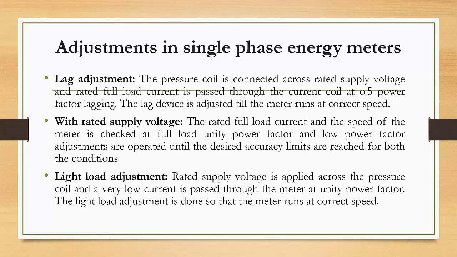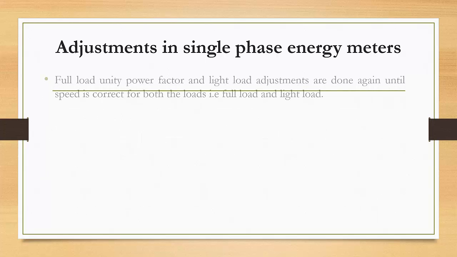Next is light load adjustment. In order to achieve this, the supply voltage is connected across the pressure coil and the current is through the current coil at unity power factor. Then do the light load adjustment to check whether the meter is rotating at correct speed. After doing these connections at full load unity power factor, do the same connections for light load adjustment and then check whether the speed is correct for both loads.